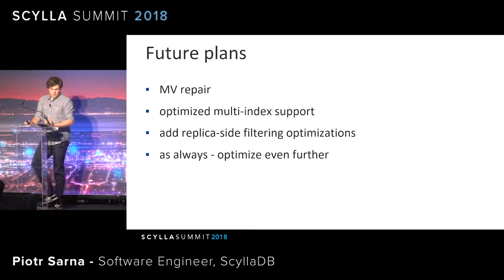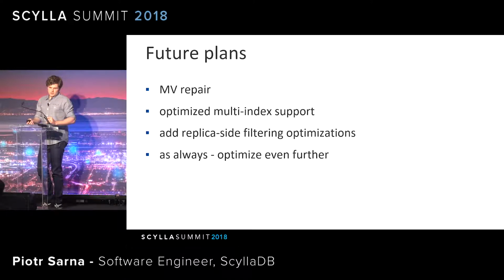Also, replica side filtering. We would really like to help the coordinator with all the filtering by pushing some of the work to replicas, because first of all, that would mean fewer rows being sent back, so less throughput wasted.